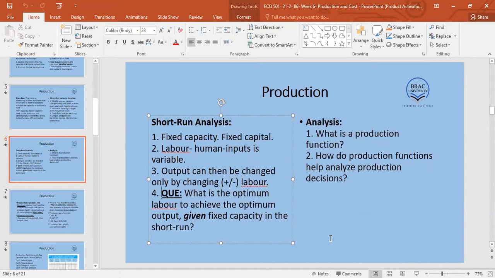Number 1, we want to find the optimum amount of labor. Number 2, this optimum amount of labor will give the optimum amount of output, given that we are in the short run. That means capacity is fixed.